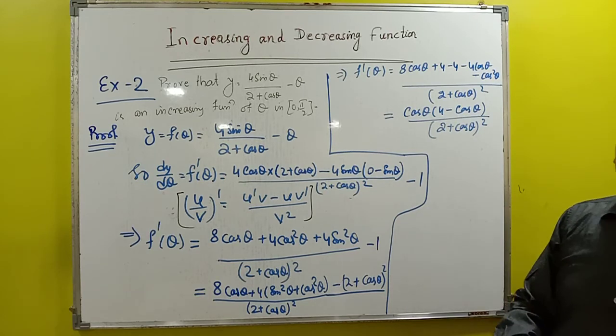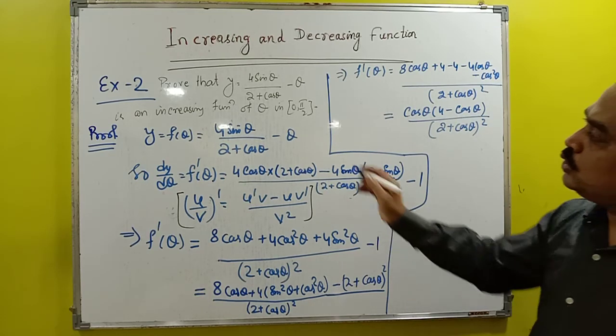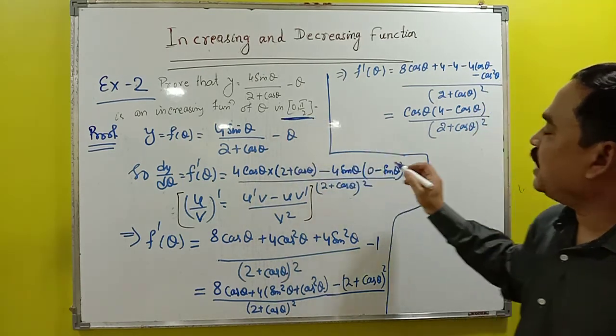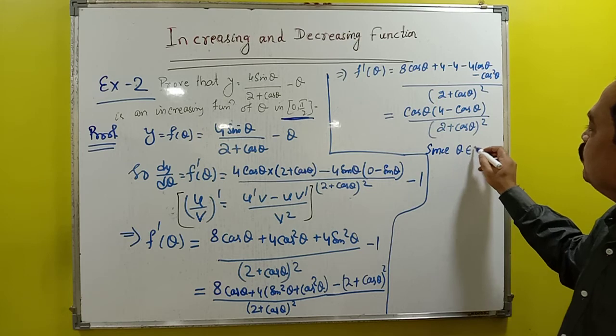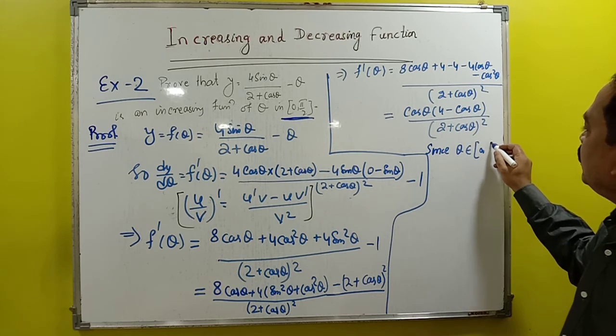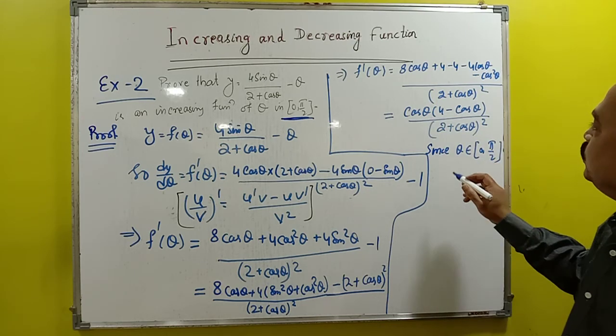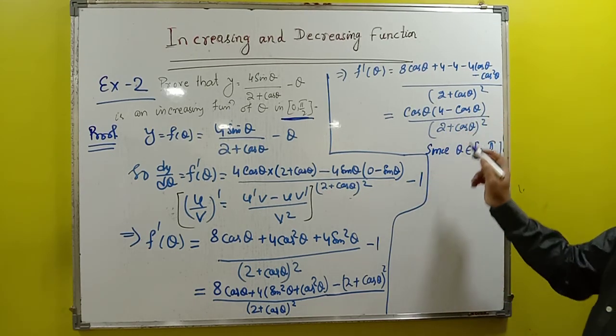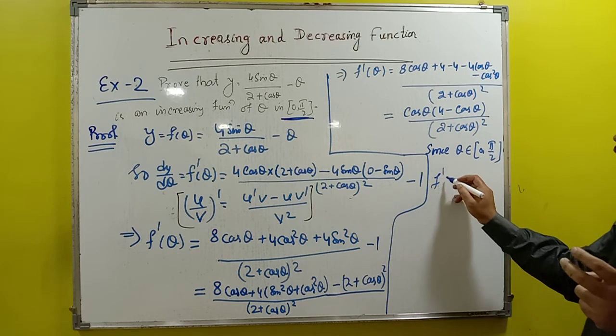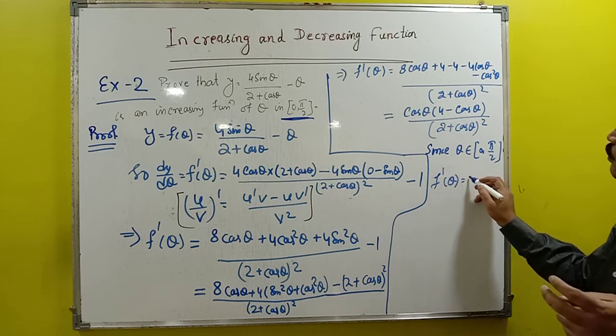And here the important point, your x belongs to where? It is 0 to pi by 2, first quadrant. Since theta belongs to first quadrant 0 to pi by 2, and we know that cos theta maximum value is 1. So 4 minus 1, this is positive. Then what are you getting? F dash theta is equal to positive.